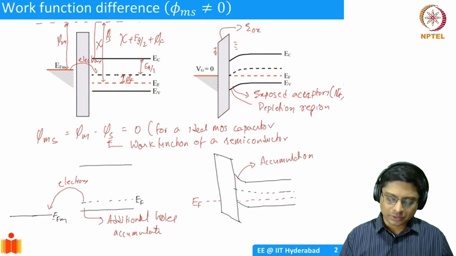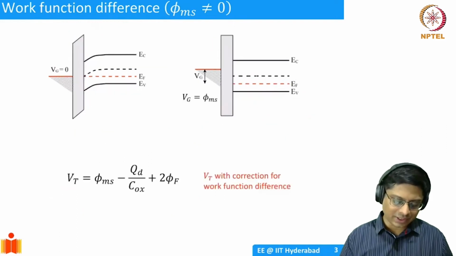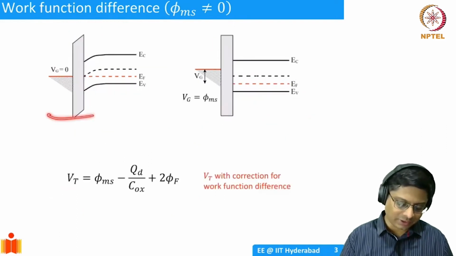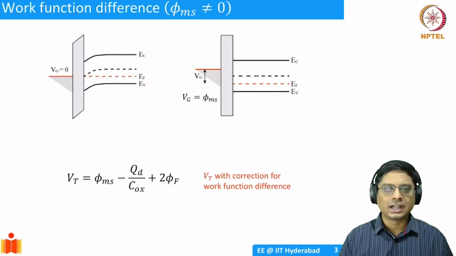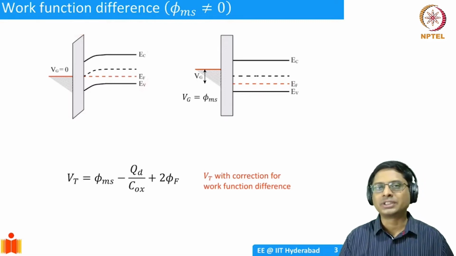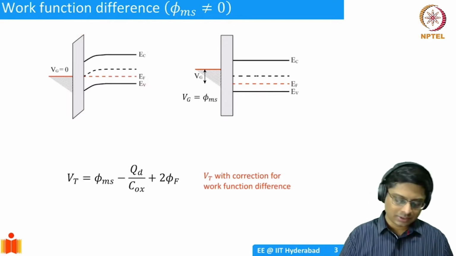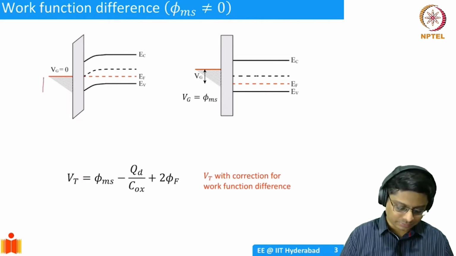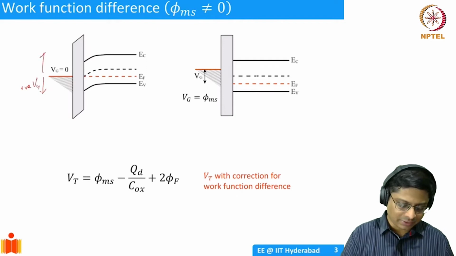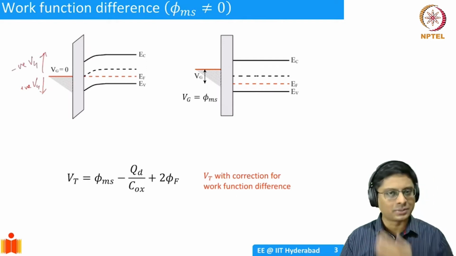To do that, we can apply a gate voltage. This is the depleted state, and we have said that whenever you apply a positive gate voltage to the metal, its Fermi level moves down. Positive Vg moves it down; if I apply a negative Vg, the Fermi level of the metal moves up.